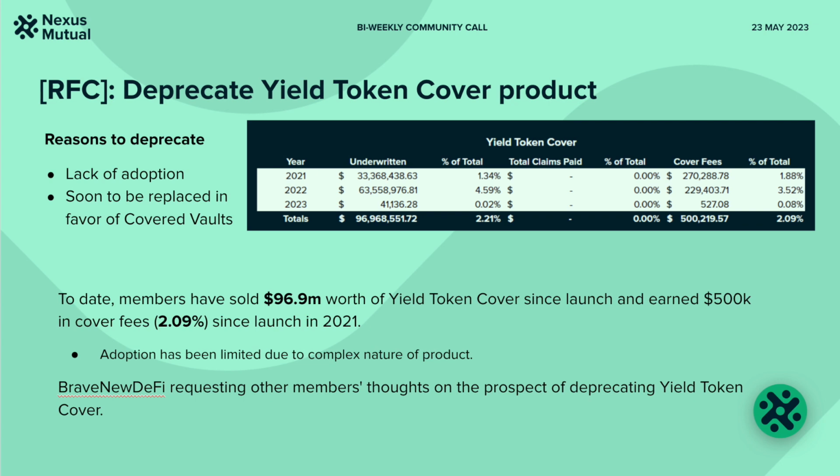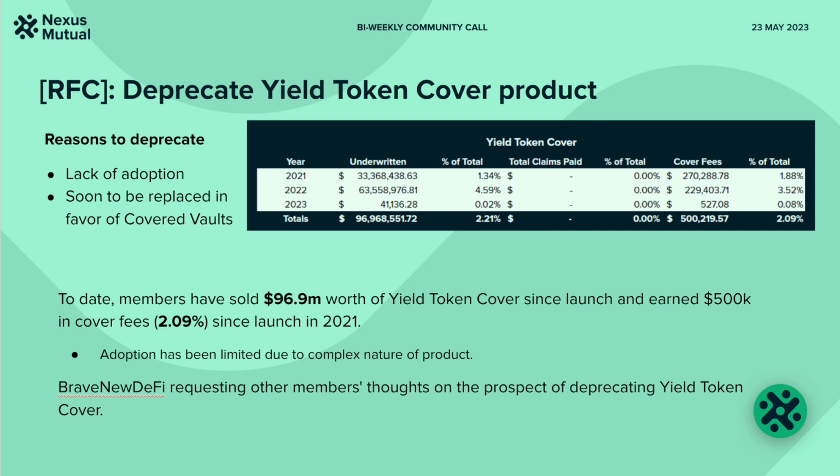So you don't have to buy cover, you just deposit in a vault and your deposit is natively covered. If there's a claim, the claim would be paid out to the vault, and the end user doesn't really have to do anything. So it makes it a lot easier to use and understand, and that product is going to be a more sophisticated version of this that's just more accessible for users.